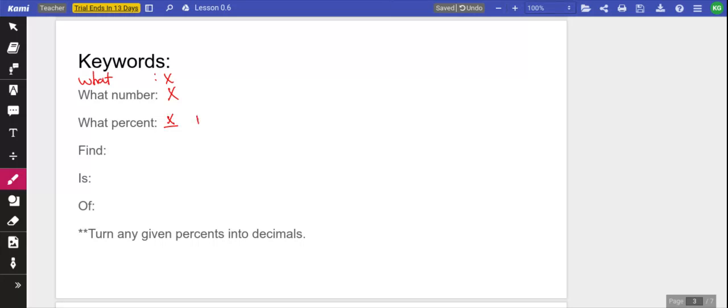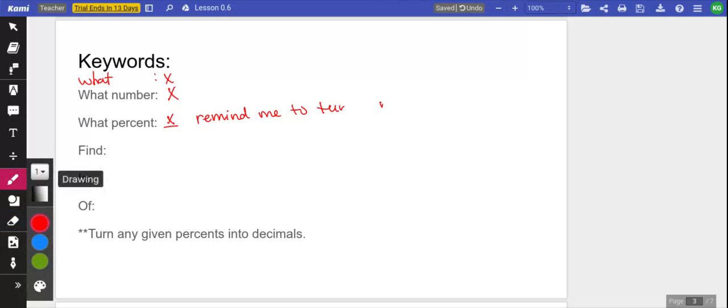That way, this will remind me to turn my answer into a percent when finished.